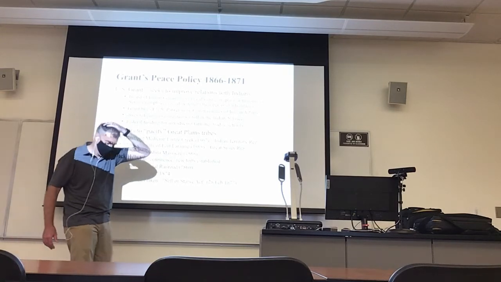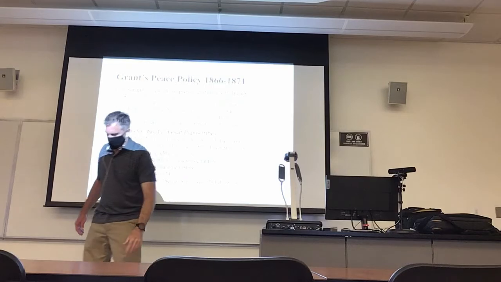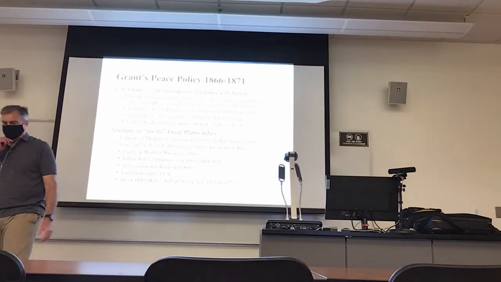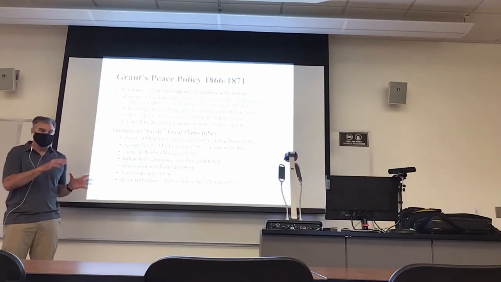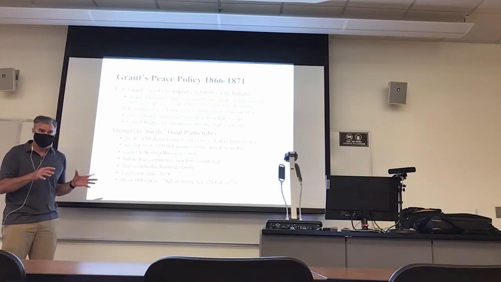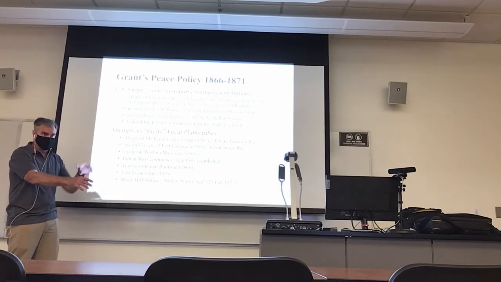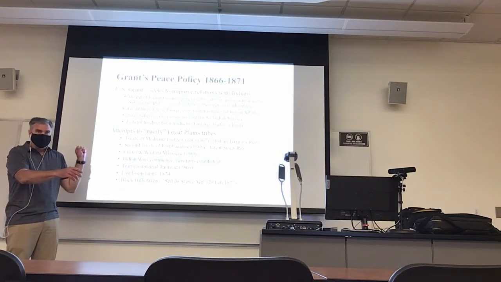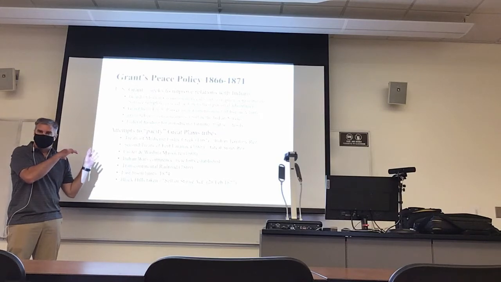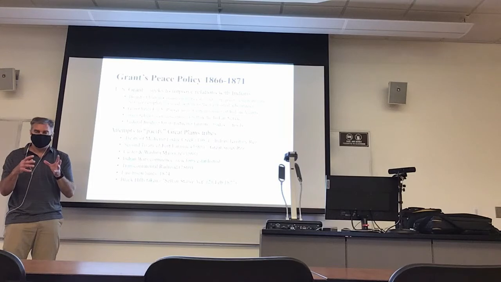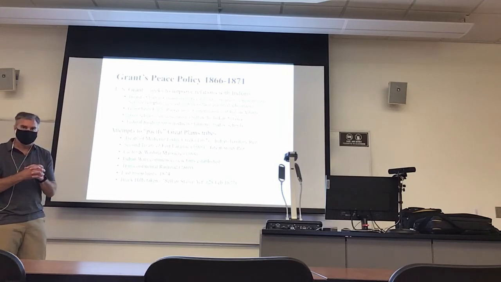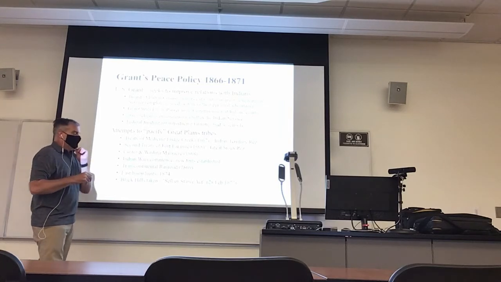The problem in the late 1860s was the Indian Service, those are the Indian agents and also the bureaucrats in the larger cities, and then the Indian office in Washington, D.C. in the Department of the Interior.